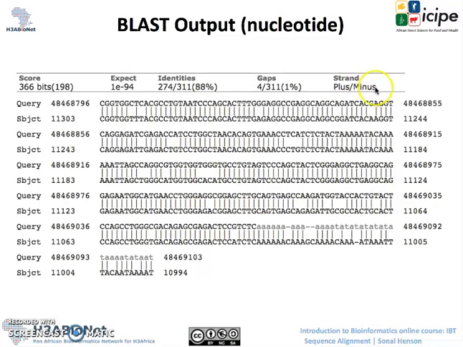The plus/minus means the positive strand of the query aligns to the reverse complement of the subject. And the letters in small case and grey color down here mark a low complexity region in this query sequence.